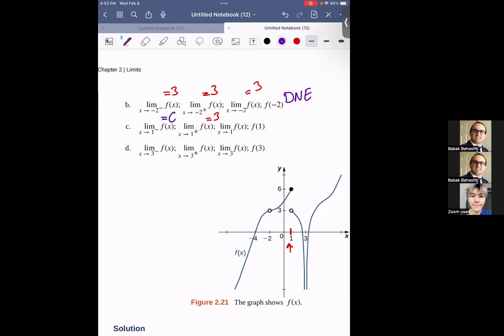That's right, this is 6. As x goes to 1 minus, it is 6. So the limit of f of x when x goes to 1 does not exist. DNE. What is f of 1? f of 1 is again 6.